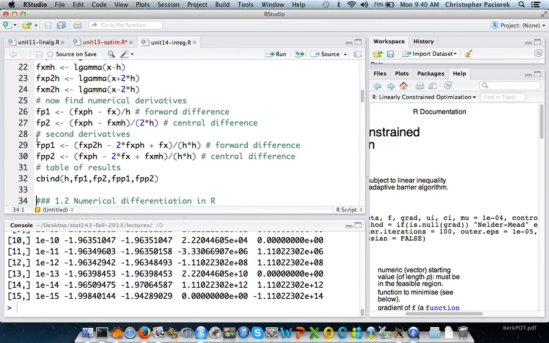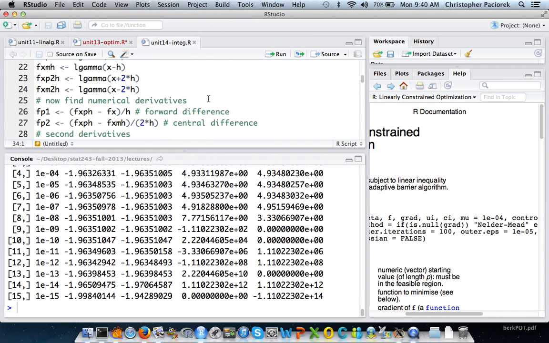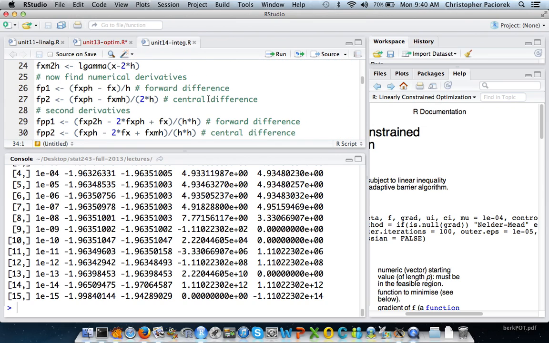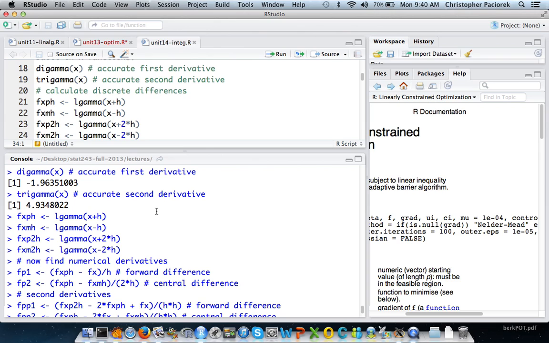Okay, and now I can create a table of the values for the different values of h. Let's write this down on the board for comparison's sake.